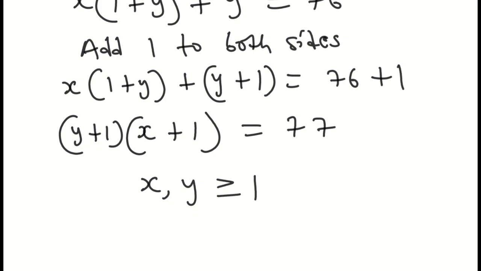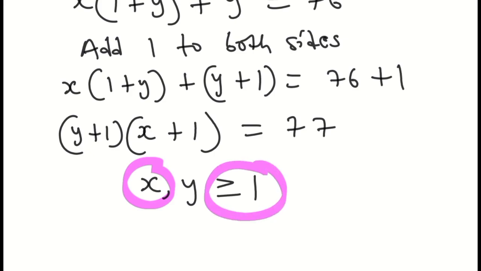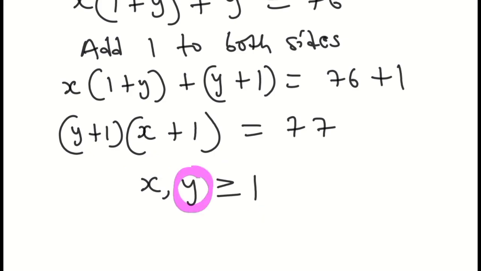So x and y can be 1, 2, 3, 4, and like that, but it cannot be less than 1. Hence, you have a negative number, but it says x and y are positive integers.